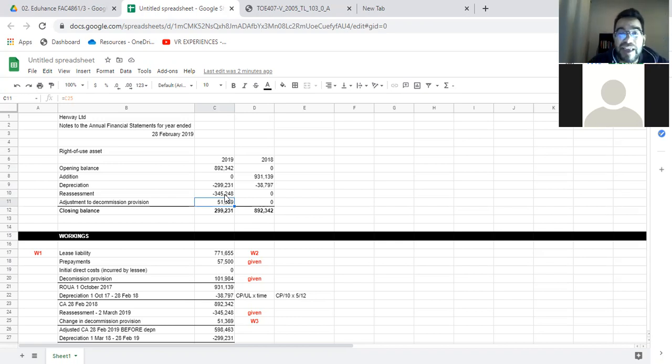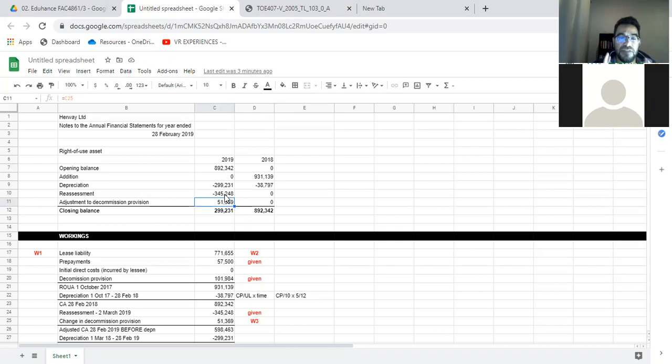So because the cash flow estimate changed and/or the discount rate changed, that change impacts the decommission provision as well as the related asset. So the decommission provision increased. So we said credit decommission as a result of this change. For every credit, there must be a debit. The debit must go against the related asset. The related asset is the right of use asset. So you're debiting, the asset increases. So that is basically what we're doing over here.